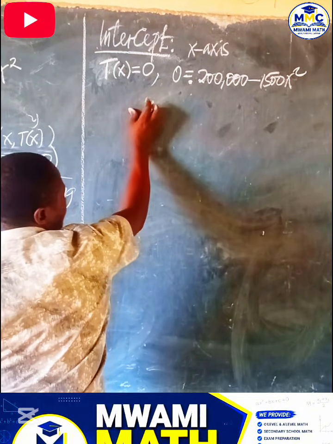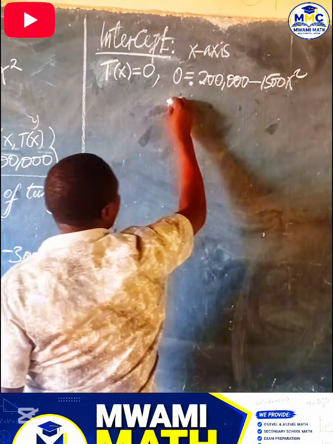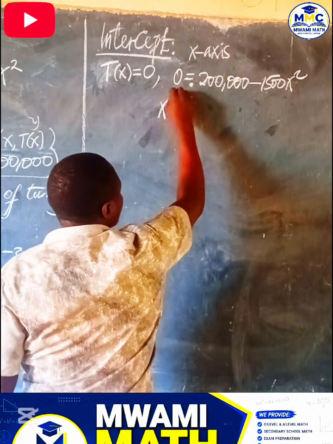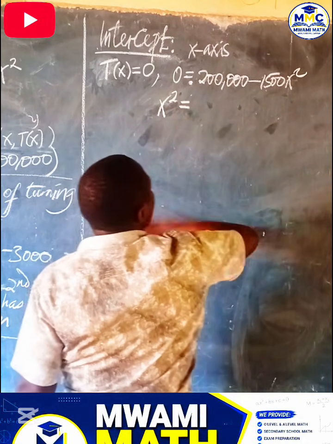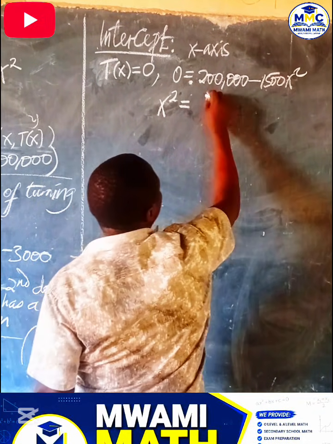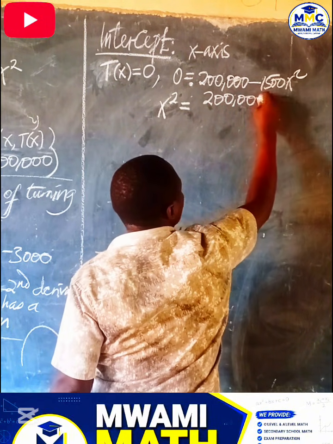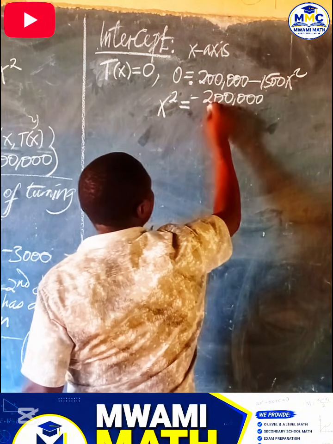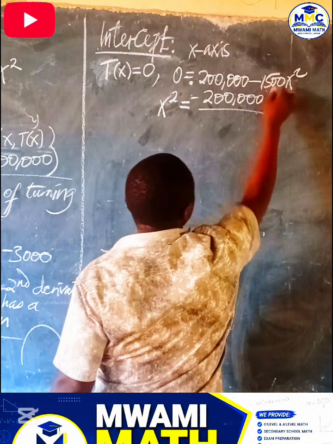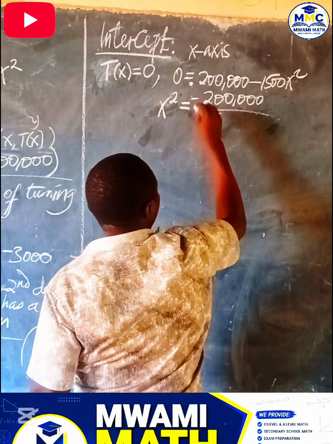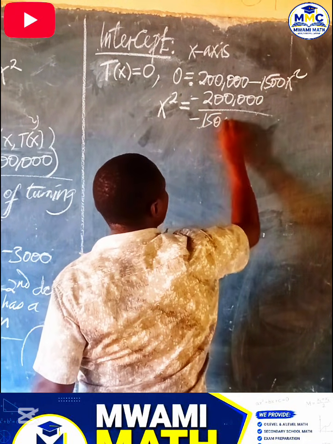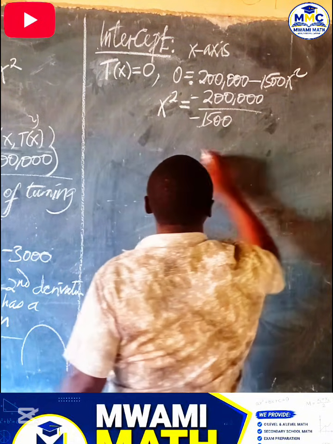When this crosses the other side, we shall have our x squared as equal to 200,000, which can be negative all over, because we divide both sides by 1,500, which is also a negative.